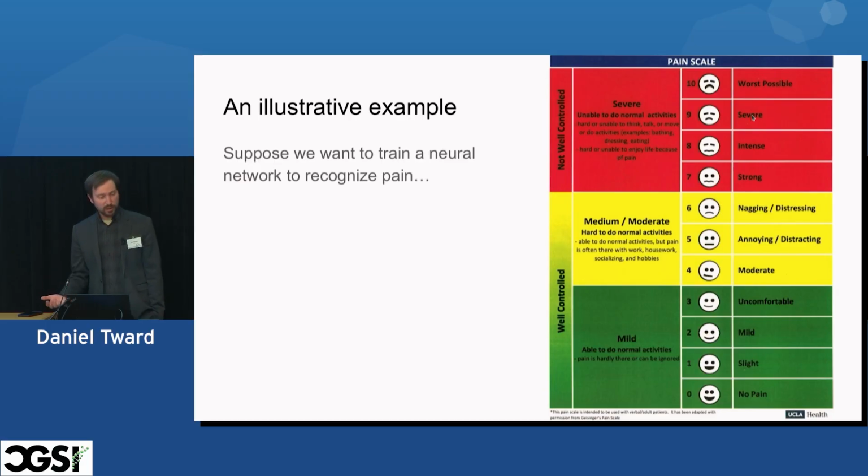If you're a physician and you see a patient come into your office and you look at their face, you might want to say, which one of these faces is my patient expressing? And maybe we can train a machine learning system to classify that automatically. This is really just a toy example, but we're going to imagine that one of these 11 faces comes into your office, and we're going to train a machine learning system to assign them to one of these 11 categories.